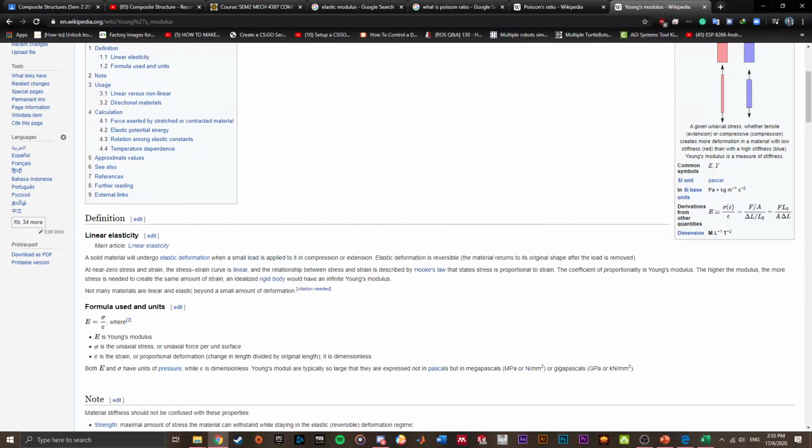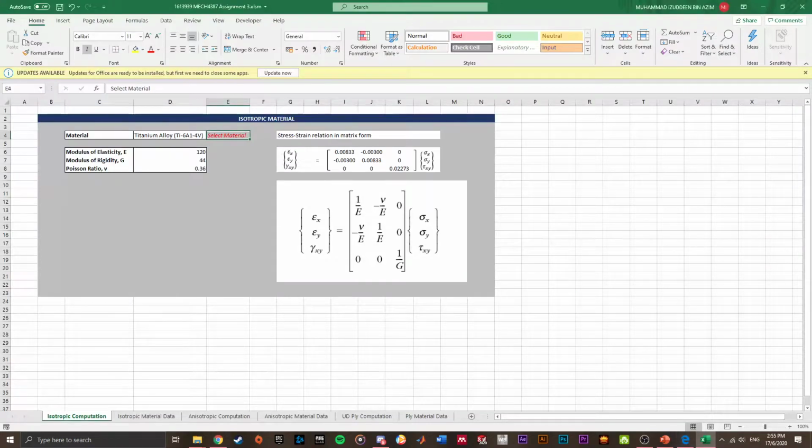We know that the Young modulus formula is E, the modulus of elasticity, equal to the stress over the strain. So here, this is the strain, this is the stress. This is actually coming from that formula. But the difference is here we have the x direction and the y direction.